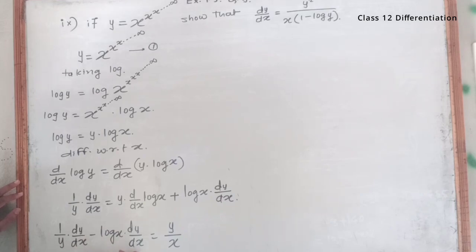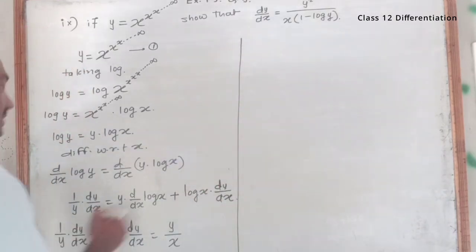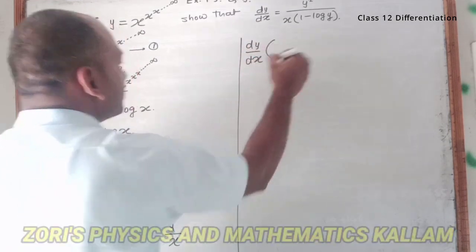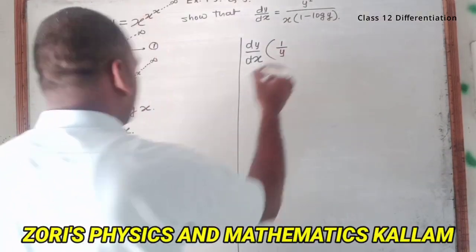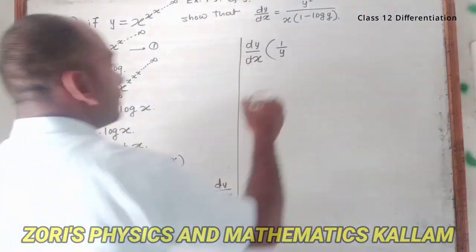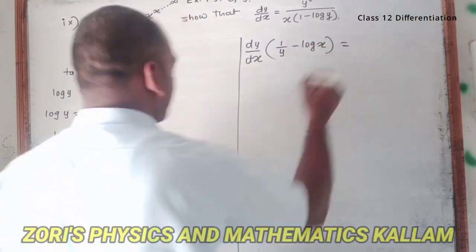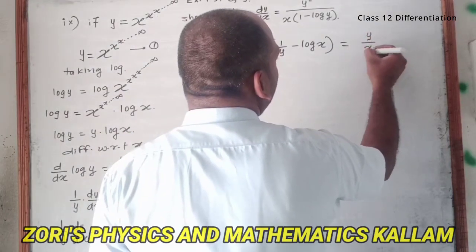Now we take dy upon dx common. So dy upon dx in brackets 1 upon y minus log x is equal to y upon x.